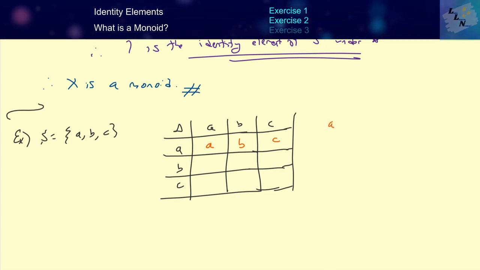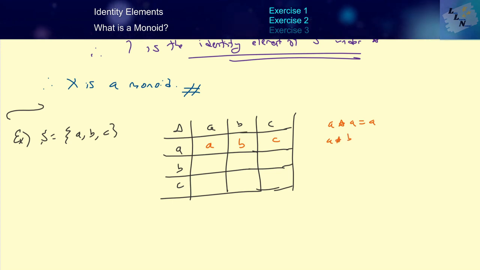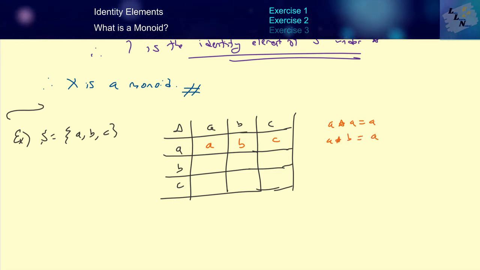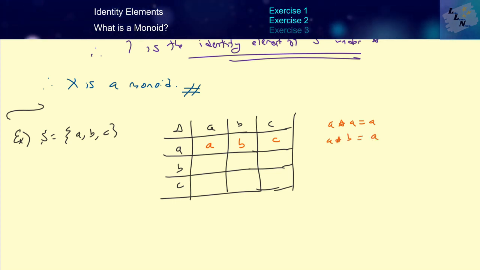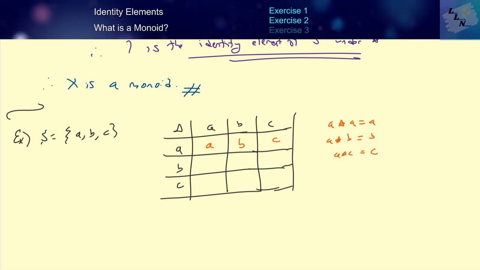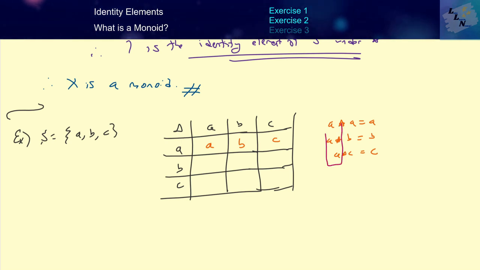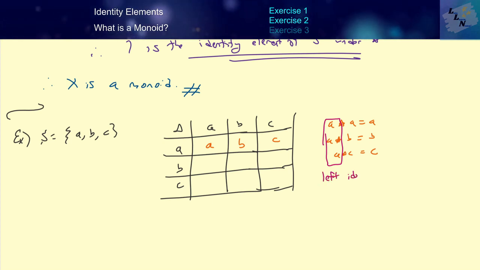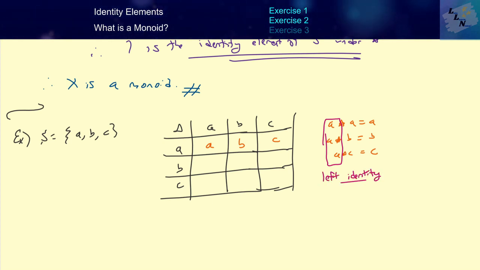So we're allowing A star A to be A, A star B to be B, sorry, and A star C to be equal to C. So notice what we're doing here is we're building an identity element on the left-hand side. So this is what some people usually refer to as a left identity element.